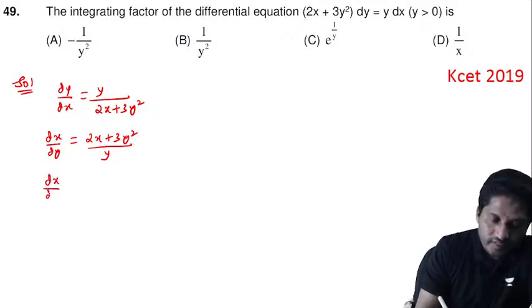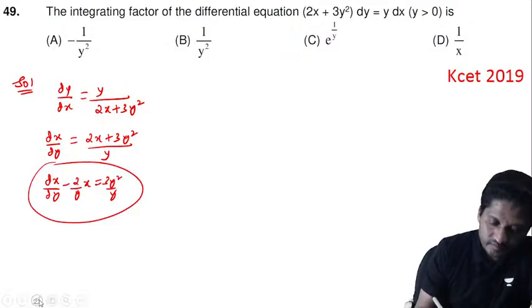Now dx by dy, if you shift to the left side, it is minus 2 by y into x is equal to 3y square divided by y. Now which form is this? This is of the form dx by dy plus px is equal to q.